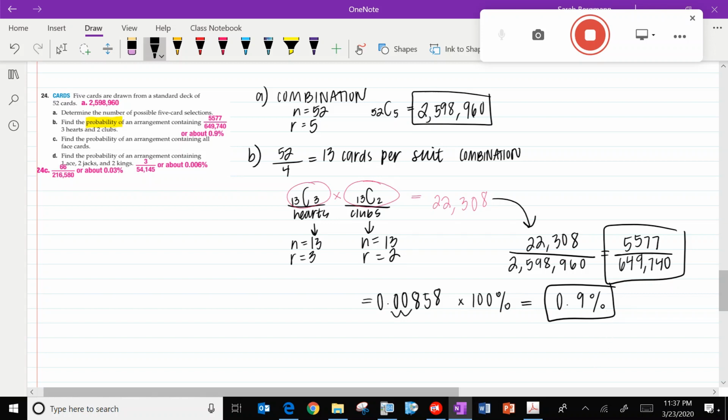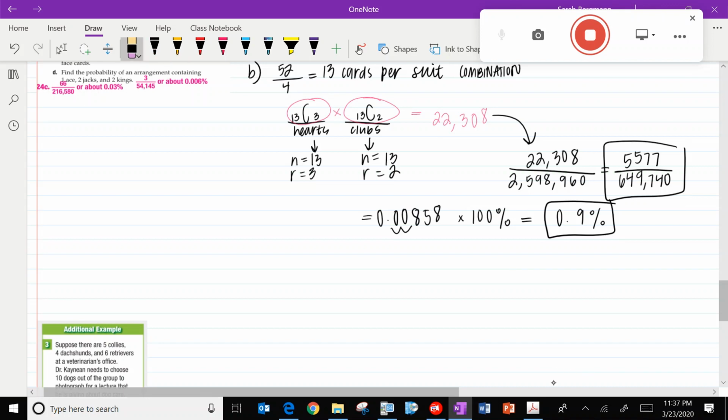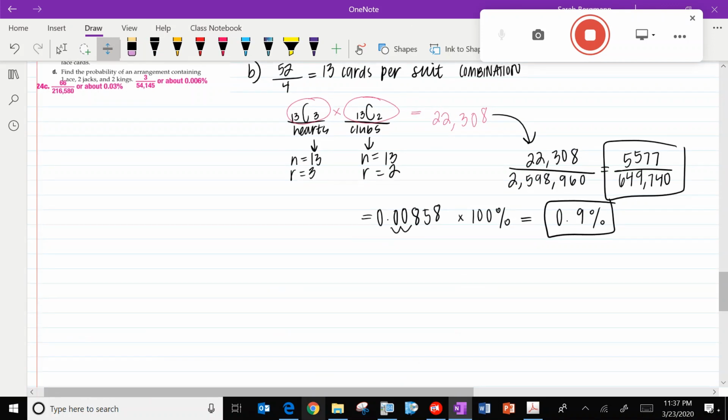The next question, find the probability of an arrangement containing all face cards. So again, the order is not important, but you need to know about cards. There are 3 different types of face cards: a jack, a king, and a queen.